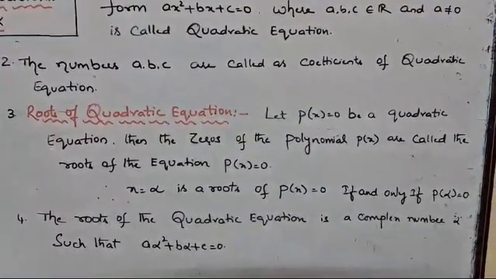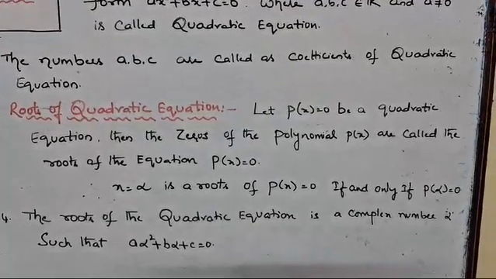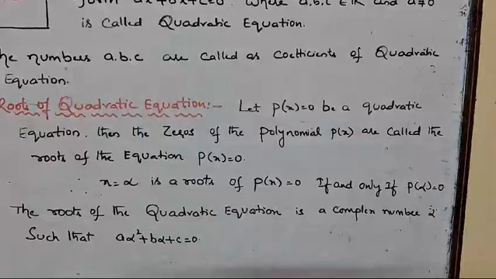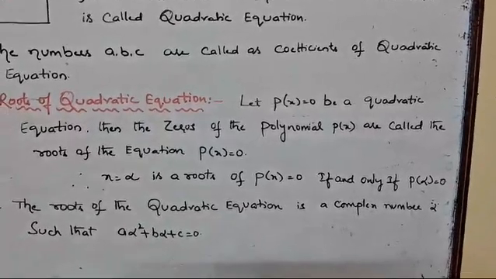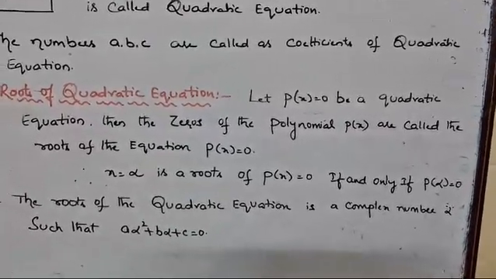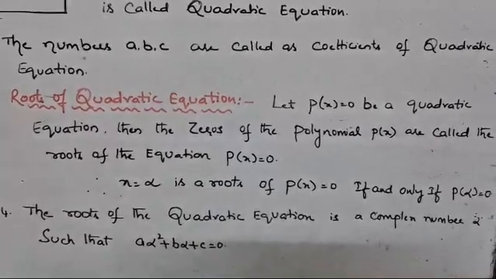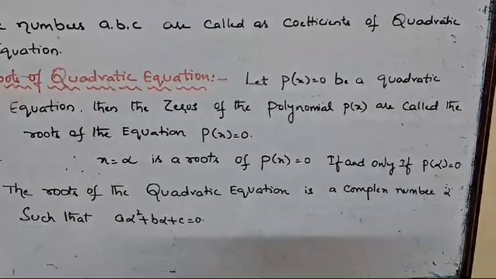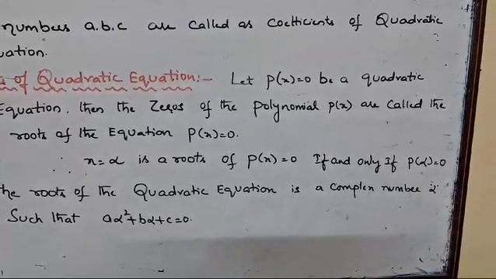Let p(x) be the quadratic equation, then the zeros of the polynomial p(x) are called roots of the equation p(x) = 0. Okay, x = alpha is a root of p(x) = 0 if and only if p(alpha) = 0.